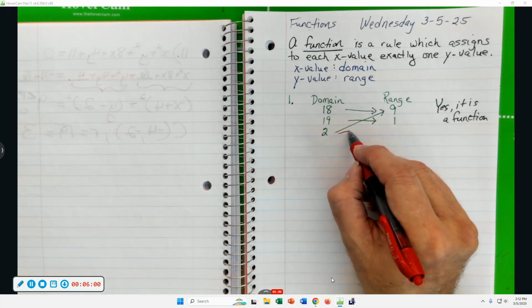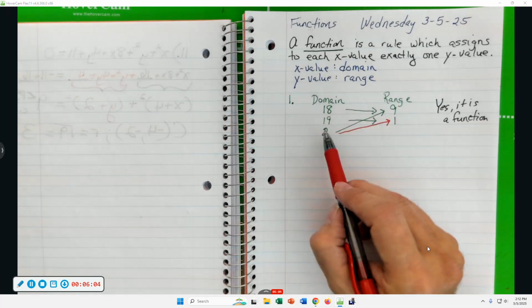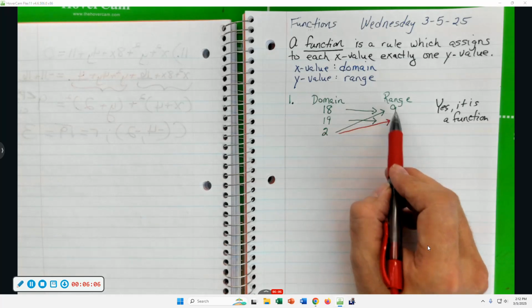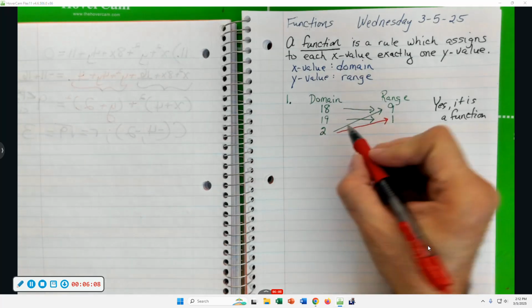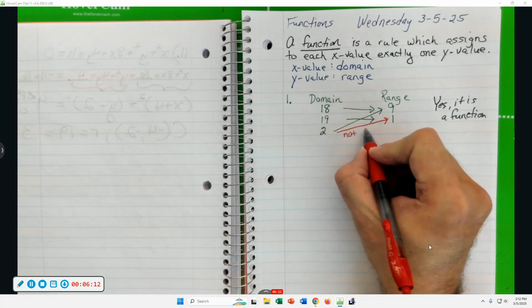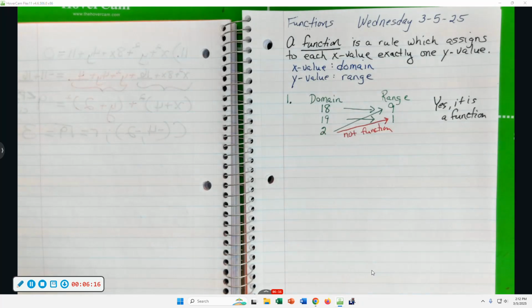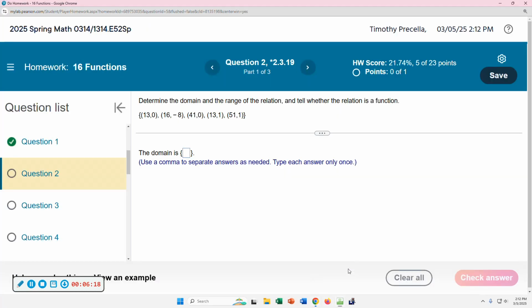If I drew this red line right there, then the number 2 is being assigned 2 different y values. So if this red line were here, then it'd be not a function. Any questions on that? Each x value is assigned one and only one y value.